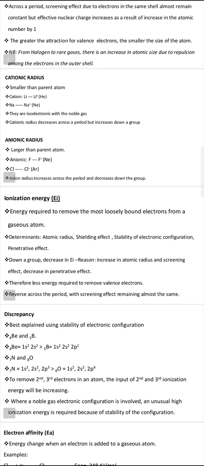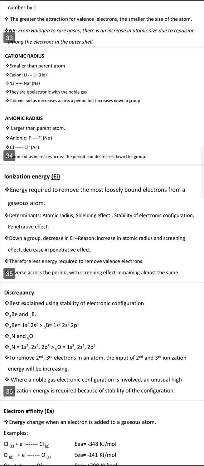So for cationic radius, it is smaller than the parent atom. So all cations are smaller than parent atoms. This is because the ions, cations, lose their electrons. So as a result of this, there will be more protons in the nucleus to pull the electrons to itself, making it smaller.